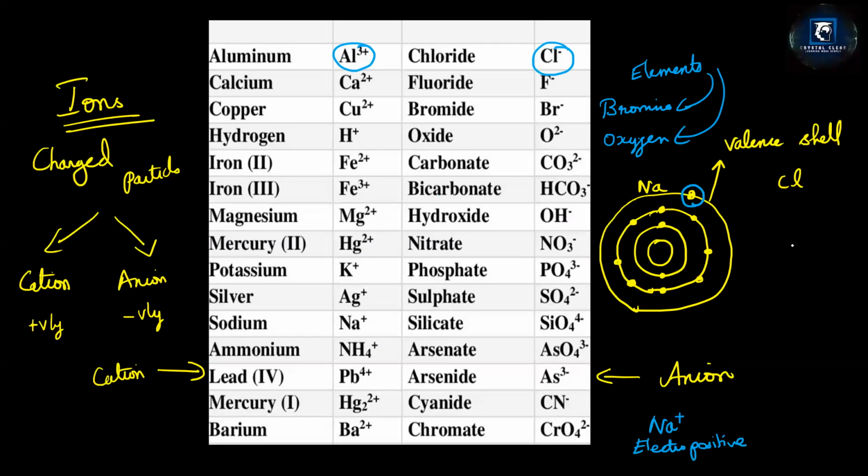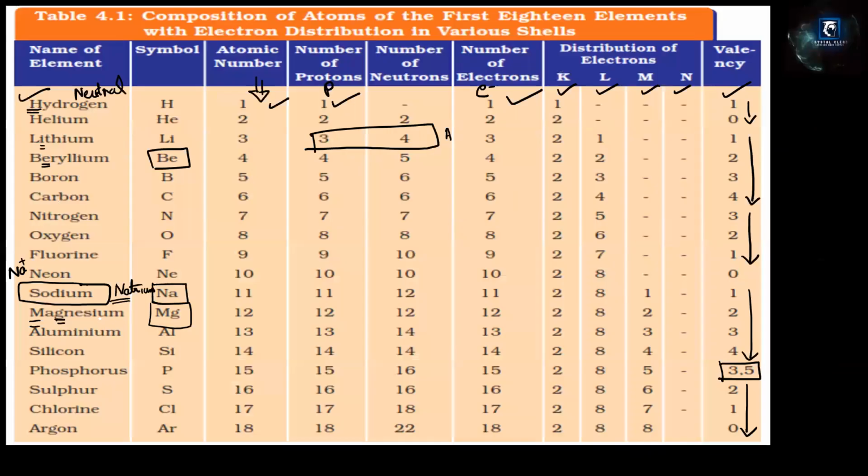So it will be easy to see how the transfer is going to take place. Chlorine, you just observe here the atomic number. Sodium, if you take, it is 11. So the configuration is 2, 8, 1, depending upon the shell. Similarly, chlorine, if you take the atomic number 17, the electrons are distributed in 3 shells, 2, 8, 7.